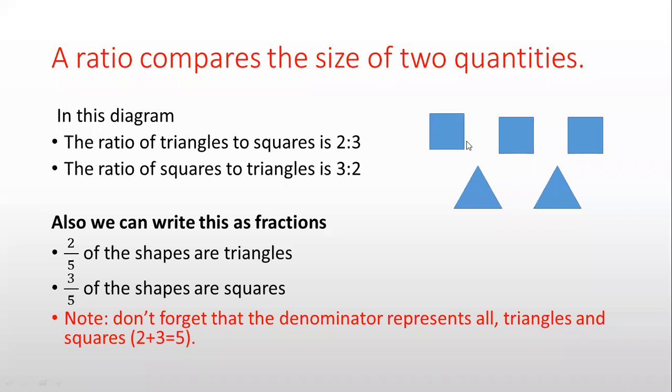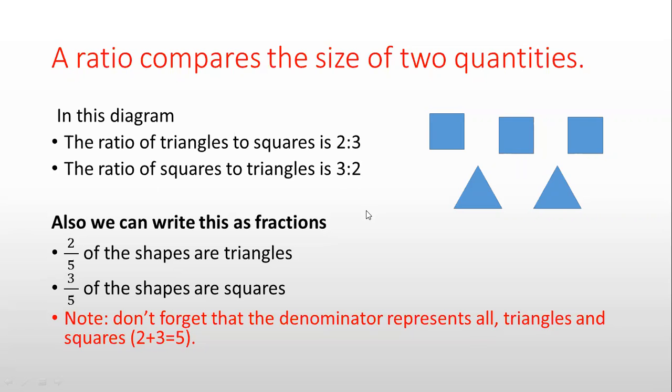And vice versa. What is the meaning of vice versa? The opposite. Here I started with triangle, then square: the number of triangles, two, and three squares. And the ratio of square to triangle: the number of squares is three, and the number of triangles is two. So you write 3 to 2, and 2 to 3.